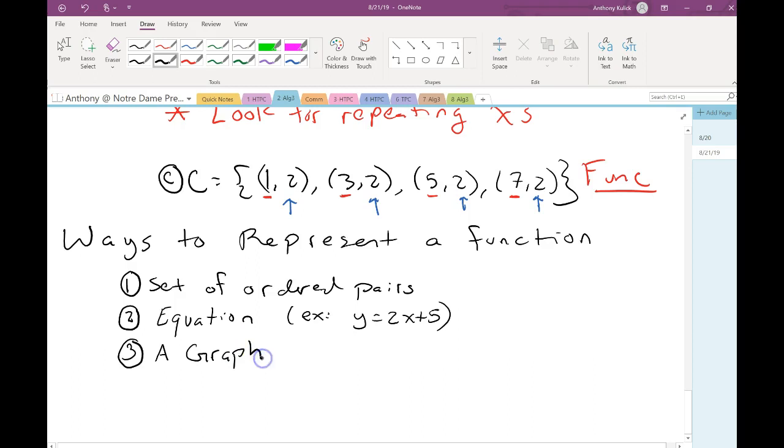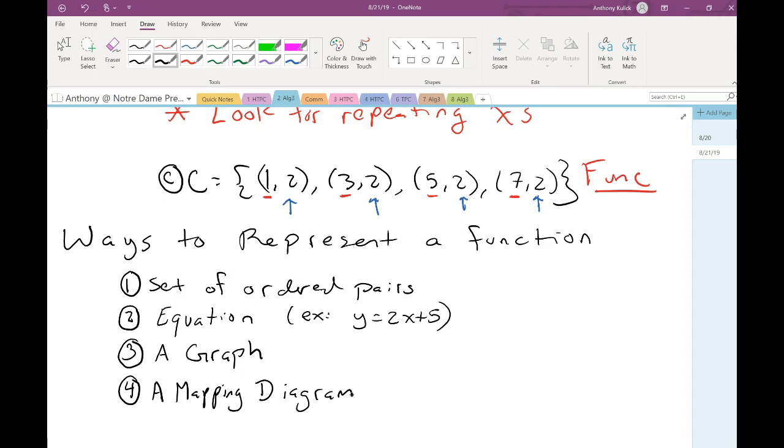The third way we'll talk about is that we can write the function as a graph. And the fourth way is as a mapping diagram. When I write a graph, does everyone understand what I mean by that?